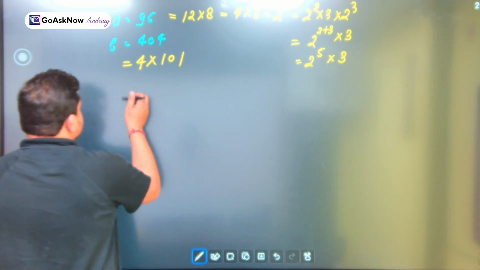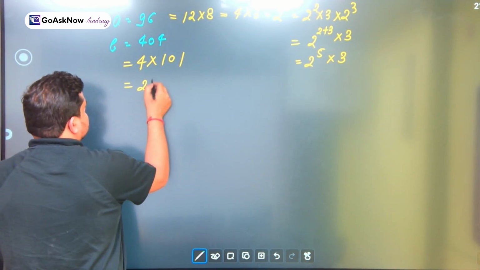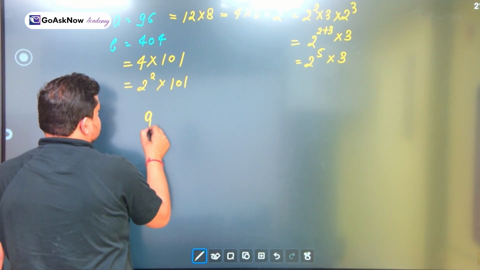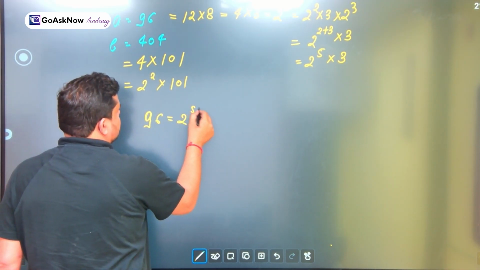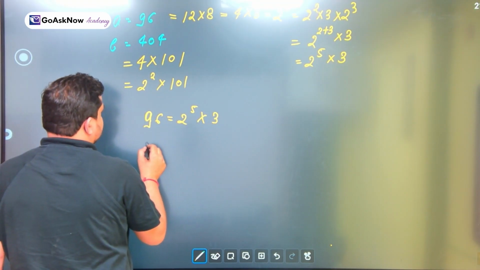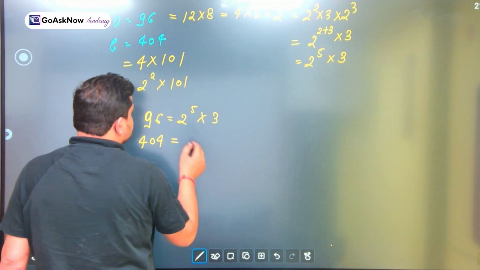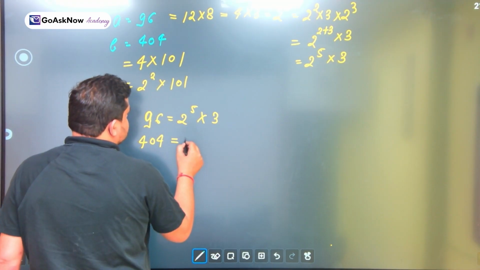So we can write it as 2 square into 101. So here 96 can be written as 2 to the power 5 into 3, and 404 can be written as 2 square into 101.